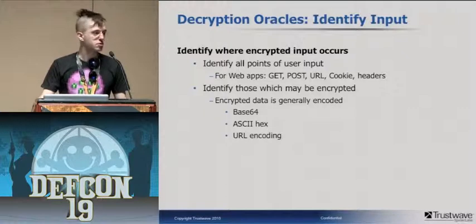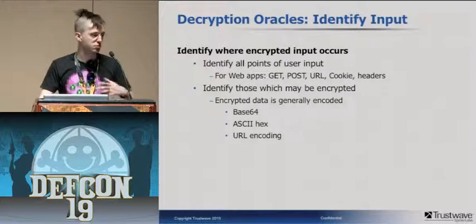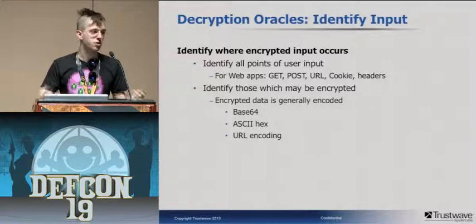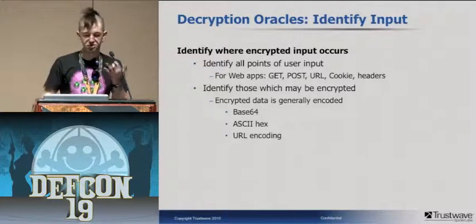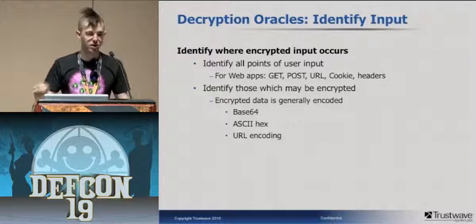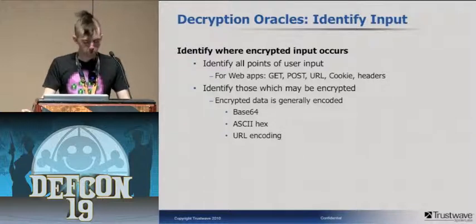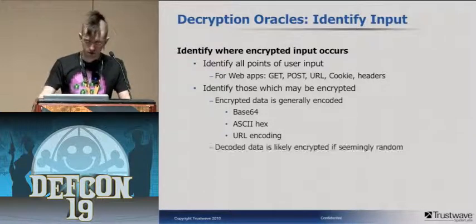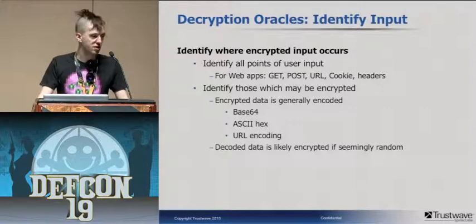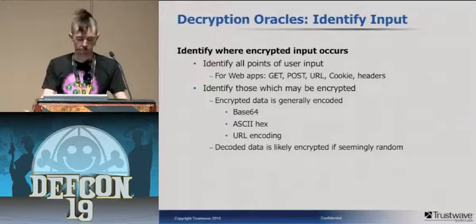Usually when you have encrypted data, it spans a pretty wide character set, so it's not really possible to put that through the majority of systems, and something might be interpreted as a meta-character. So usually you have some sort of encoding scheme, whether that's URL encoding or base64 encoding or just putting it to ASCII hex. So if you decode that data and it looks random, and there are some tools out there for doing entropy analysis to see how random is this.